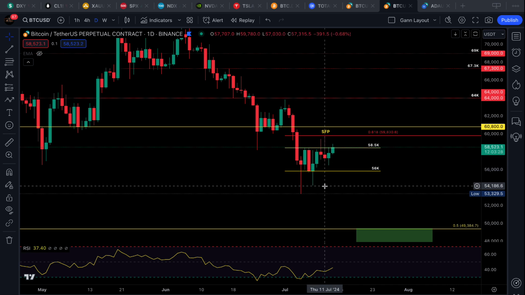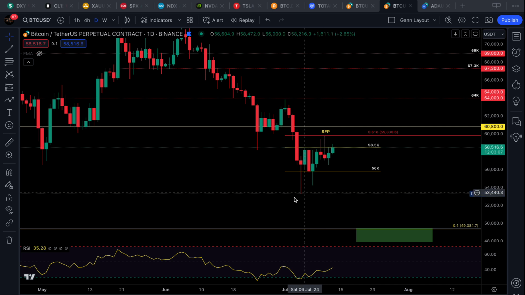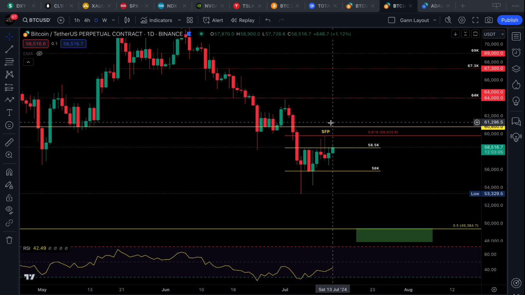What tells you everything you need to know is the price action on July 11th. Why? Because on July 11th, we had the CPI reading. We got all the confirmation we needed. Inflation is going down. Unemployment is going up. Everyone is saying that the Fed is about to cut rates and to cut aggressively. So I expected price to move to the upside.